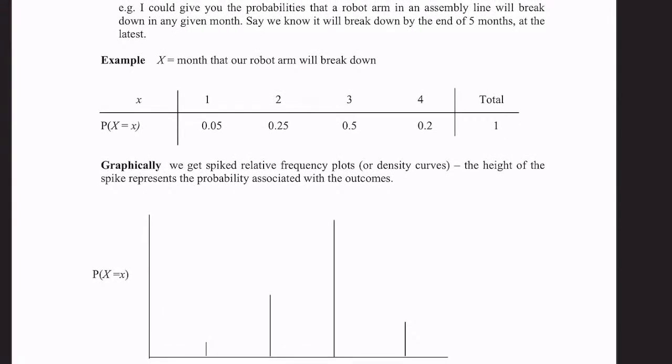We can graph this, and I talked to you about graphing a distribution like this. It just turns out that they're spikes. I plot the probability of the variable taking on the value little x, and we always use little x for the values. Let me make this fit better.